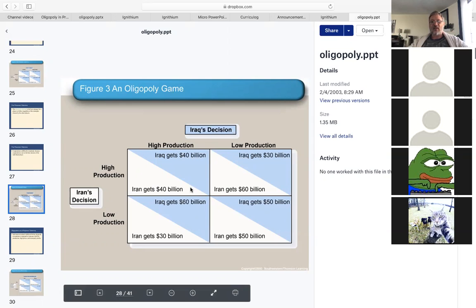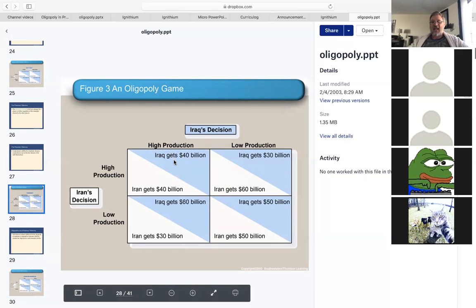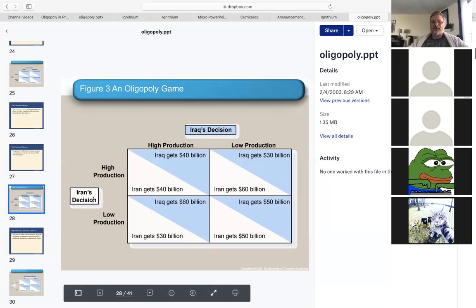So let's look at the outcomes here. There's one outcome where they both produce a lot of oil, oil prices are low, and they both get $40 billion in profits each. Now, the other situation here is where, for example, Iraq doesn't produce very much oil and Iran produces a lot of oil.